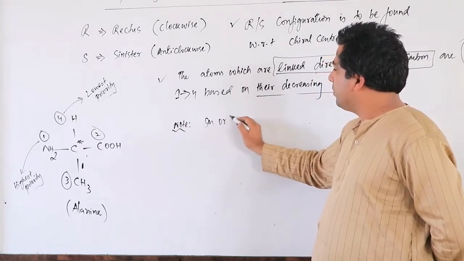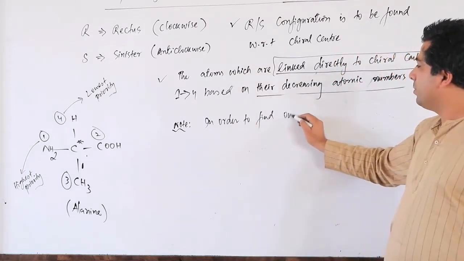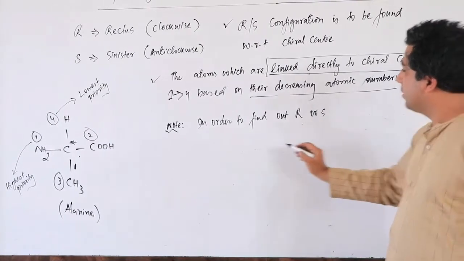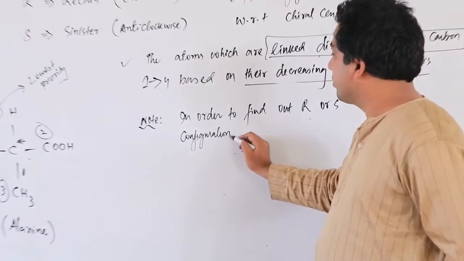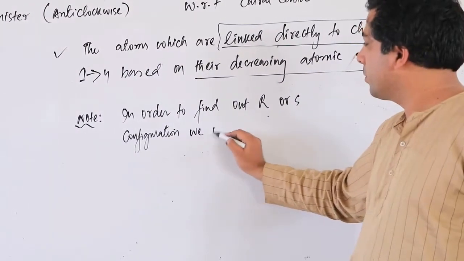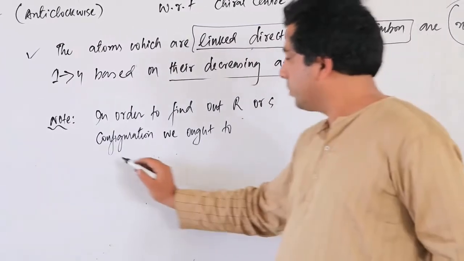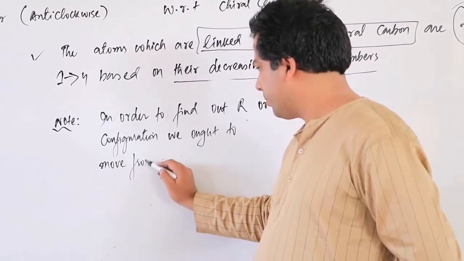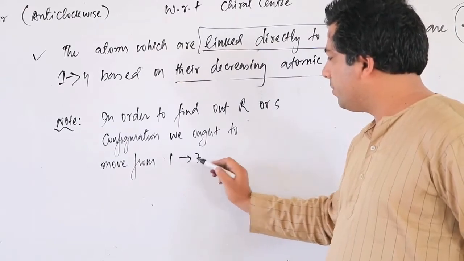In order to find out R or S configuration, we ought to move from 1 to 3.